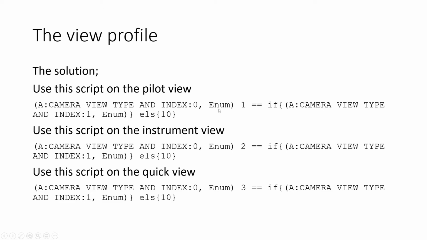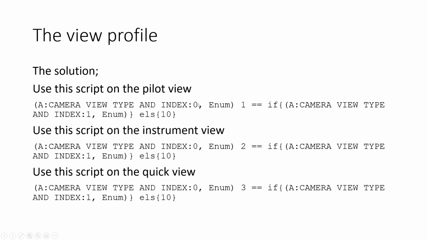If we're not in that, send it a 10. 10 seems a weird number to send, but it's a number that none of the buttons will be programmed to respond to. So it could just send a rubbish number. And I've chosen 10 because if we do the same in the quick view, there are up to 9 views. So we choose number 10, which means we're just sending a number that's out of range, so it can't see it. So let's go through that again.